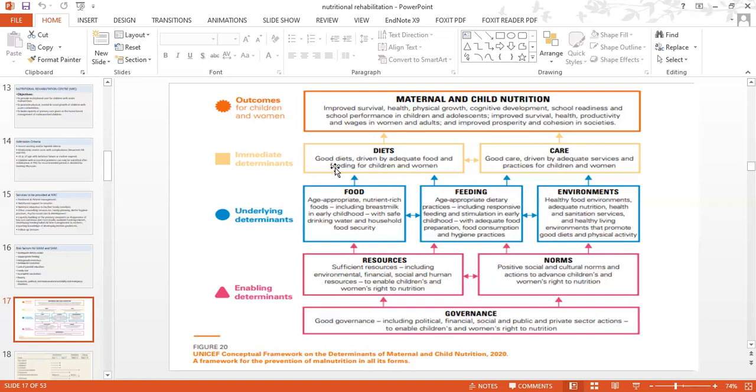In the diet component, adequate diet for feeding, the care by the mother and the caregiver, and the practices for the children. These are the immediate determinants, and if they are in line, the eventual outcome is improved survival, physical, social, and mental growth, and improved social performance and productivity in both the mother and child.